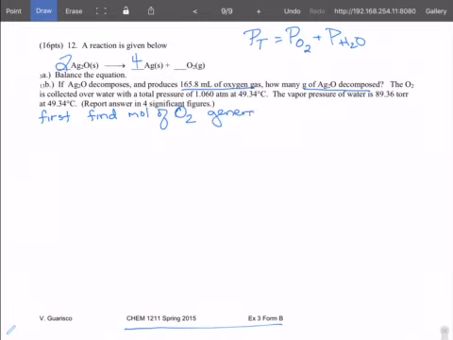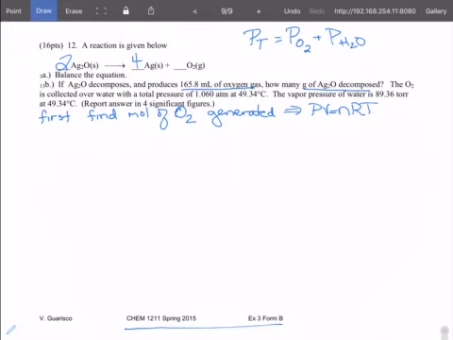Well, if we're looking for a gas, then we're going to use PV equals nRT. On most of these collection over waters, you're going to do a stoichiometry and a gas law. The question only becomes, do you do the gas law first or the stoichiometry first? So in this one, we're going to do the gas law.